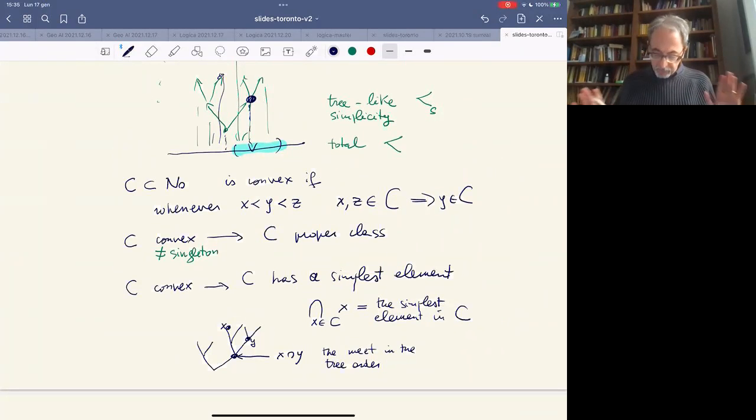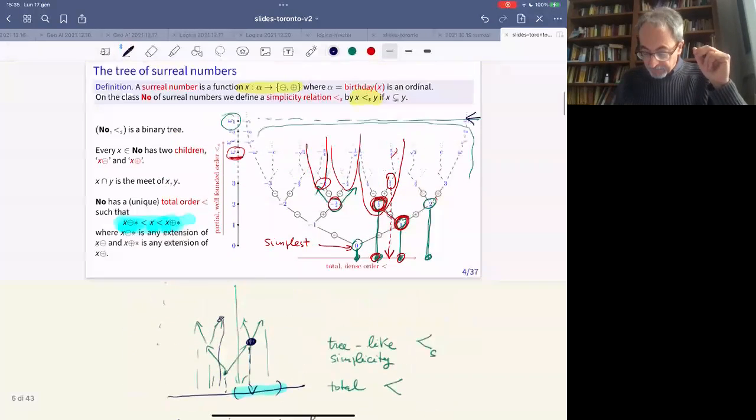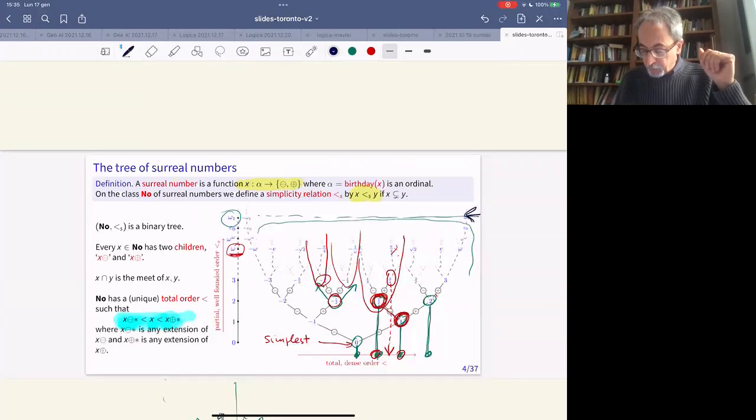There will never be really problems with dealing with proper classes. You can just imagine them as a set, except that, of course, if you stop at level omega 1, it will not be true that, for instance, looking at ordinals, it will stop at omega 1.